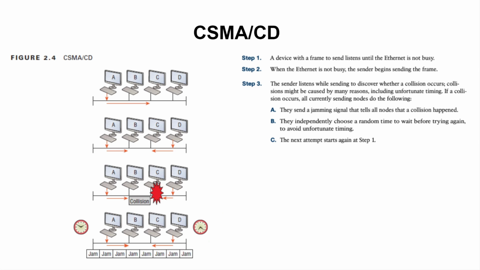The devices send a special jamming signal notifying that a collision has occurred. After this, all devices randomly select a certain amount of time during which they do not attempt to transmit, and then they try again. You could say that they roll the dice and delay their transmission as long as it says. Those who got a smaller number are lucky and will transmit the data earlier.